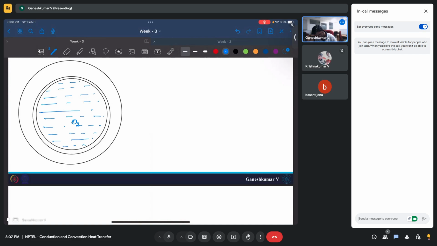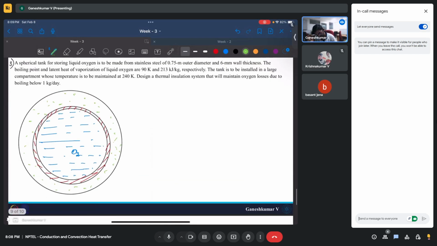This has some thickness. This is the steel tank, right? Now what we are supposed to do is add this insulation thickness such that my loss is less than 1 kg per day.